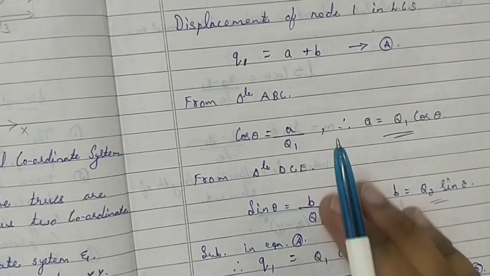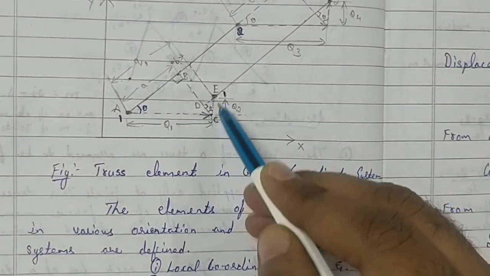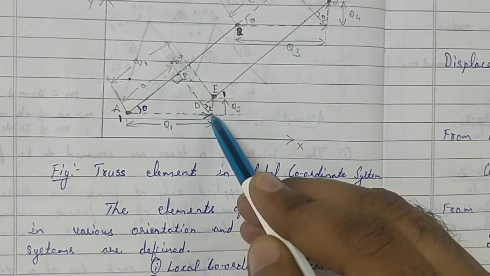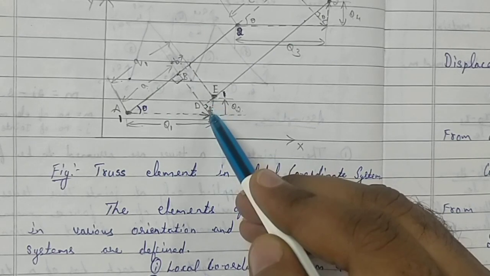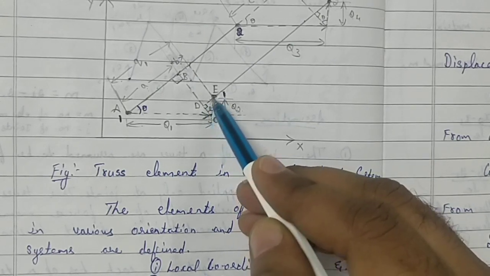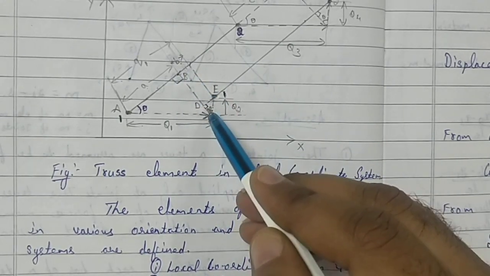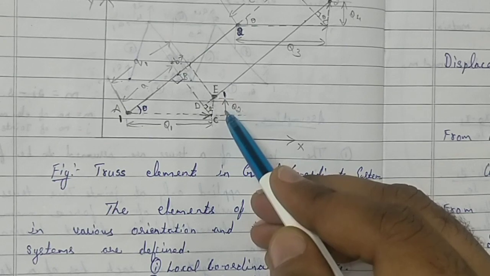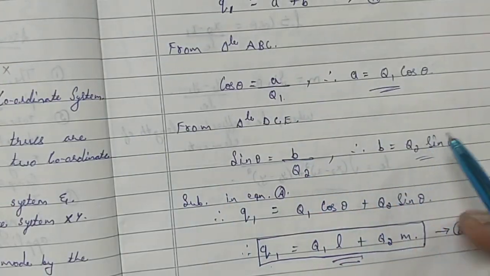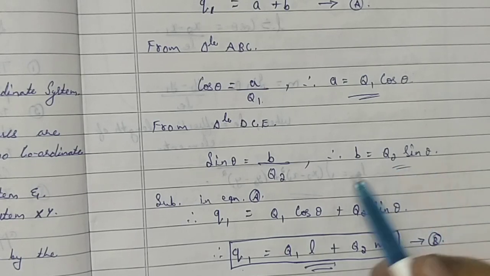Similarly, from triangle DCE, sin theta is equals to opposite by hypotenuse. So what is opposite? This one, D. D is nothing but B. Opposite by hypotenuse. This is 90 degree. So hypotenuse is q2. So B by q2. Therefore B is equals to q2 sin theta.